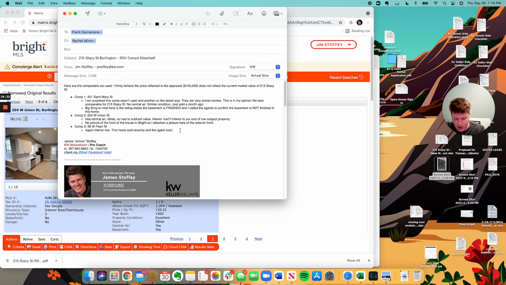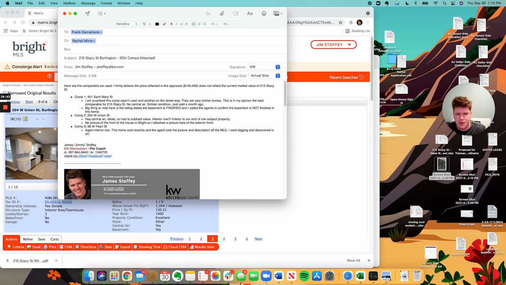Again, interior row. Recently, the agent took the pictures and description off the MLS. I went digging and discovered in an old listing the condition is poor comparatively.